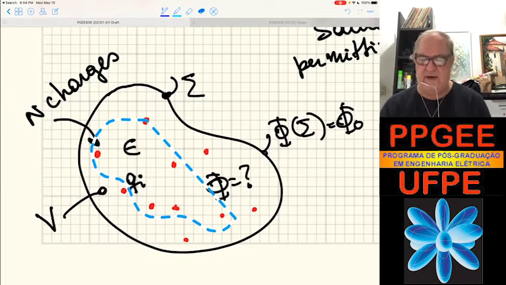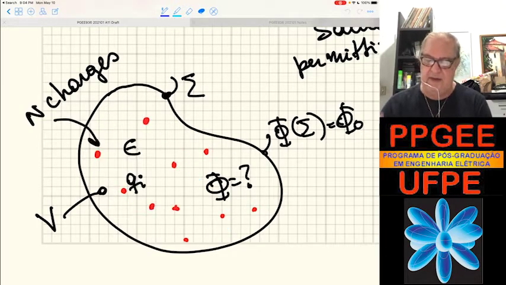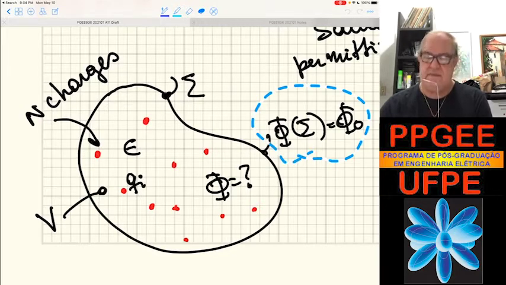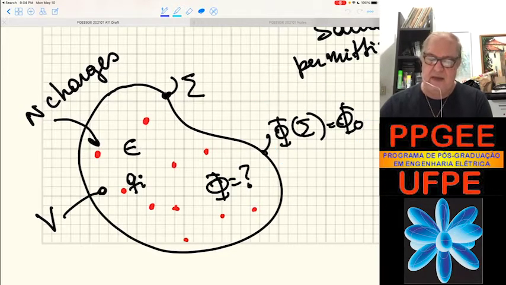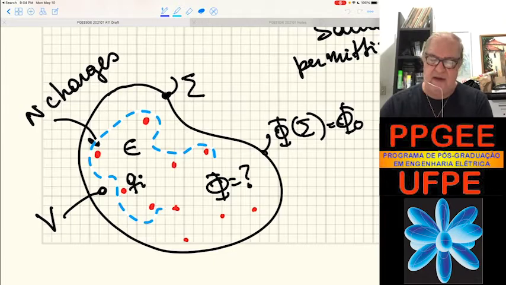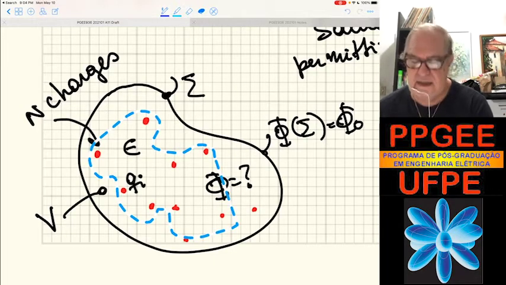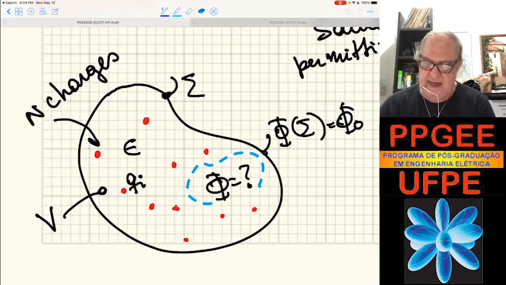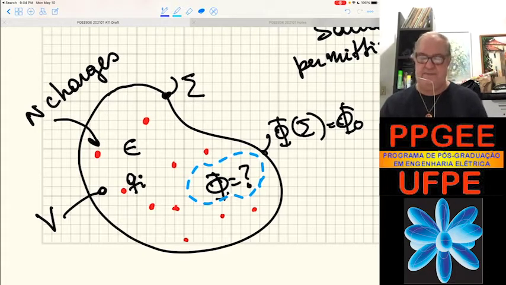Could be outside as well, but let's start with an inside problem. Given the potential on the boundary and given the locations and values of these point charges, what is the solution inside? That's the question, right?